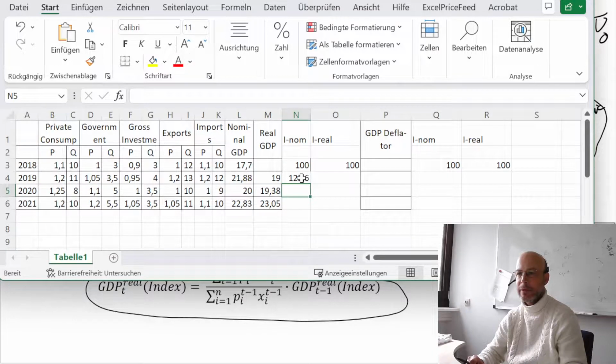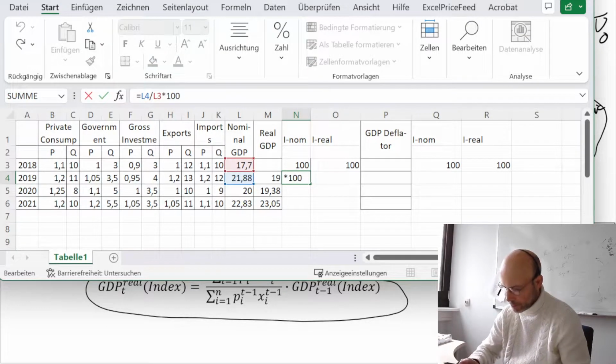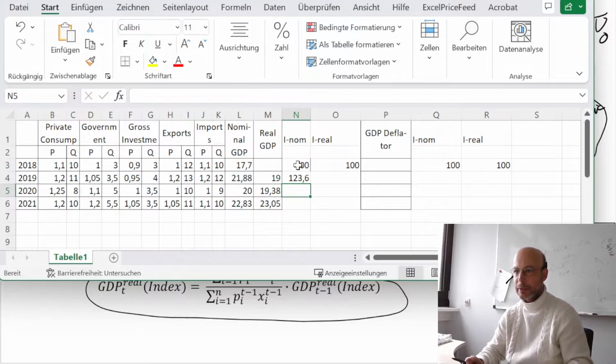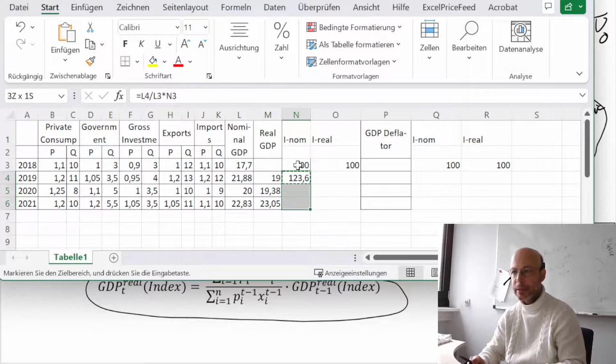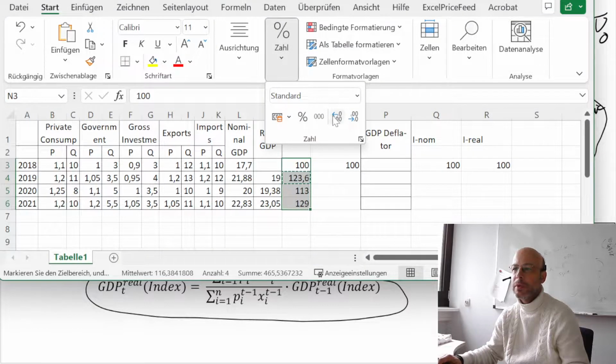Okay, not 100, we have to take the 100 from the base if we want to copy this. So times this one, and then we can go downwards.